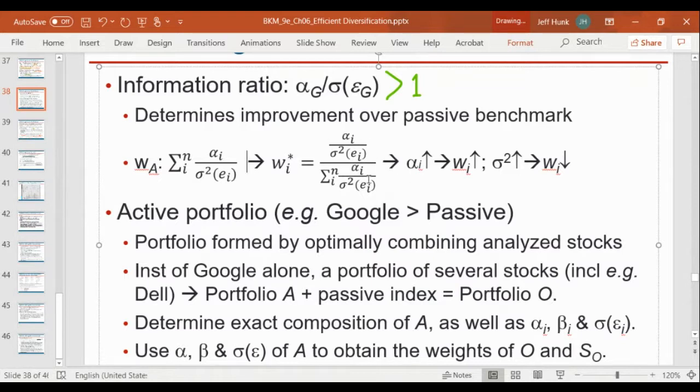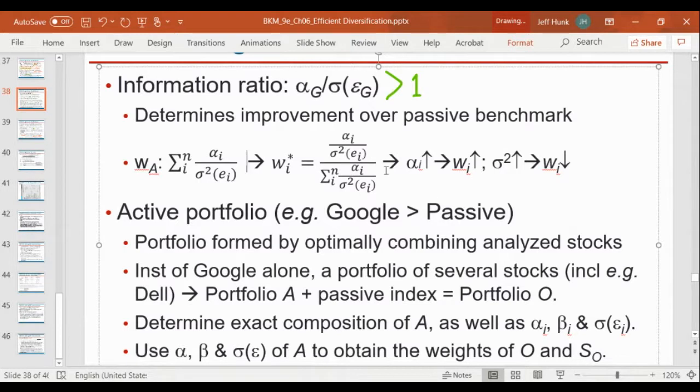Whereas if the variance of the residuals, in other words, if there's too much firm specific error or specific risk, then it will automatically lower the weight of stock A in this active portfolio, right?